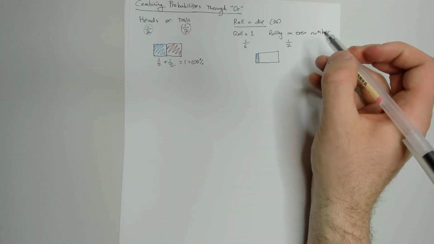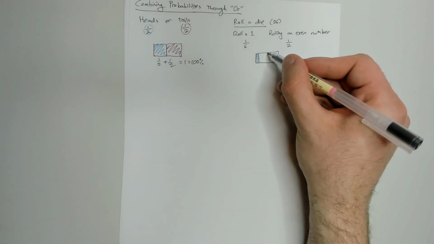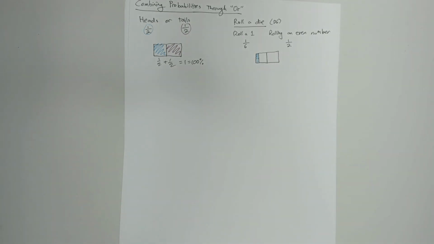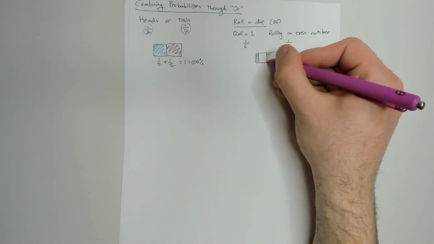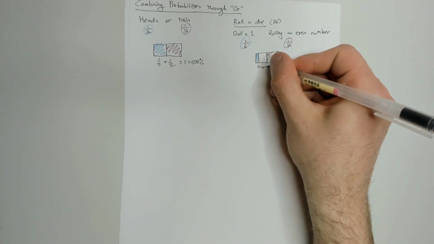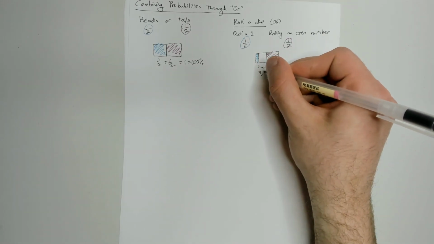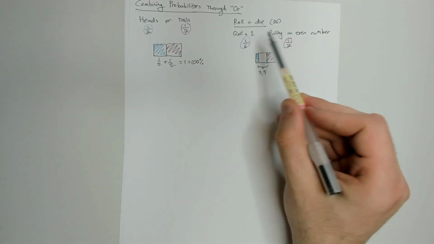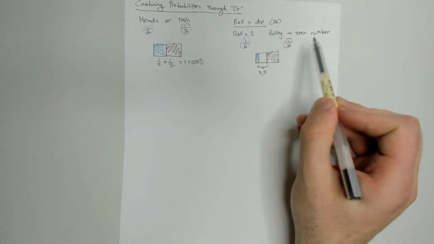And rolling an even number contributes basically a half to the rectangle, so we can think about this half right there. But notice we haven't completely filled the rectangle, and that's because there are still a couple of possibilities missing. We could technically get a 3 or a 5, because those aren't encompassed by either of these. Neither of them is a 1 and neither of them is even.